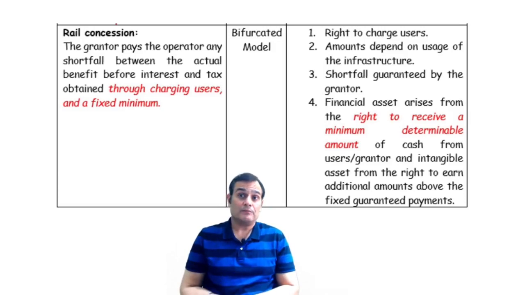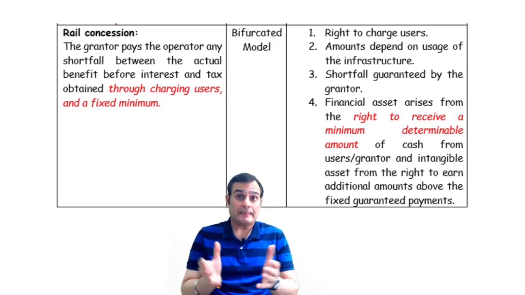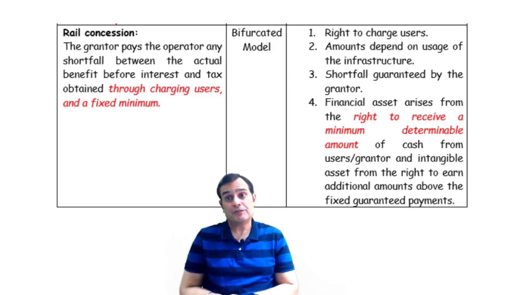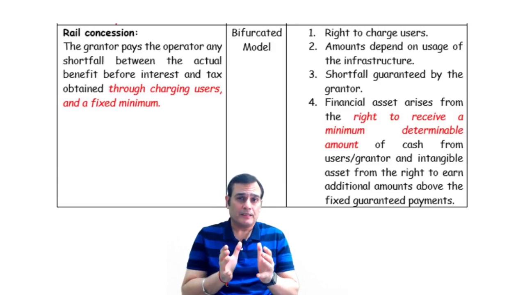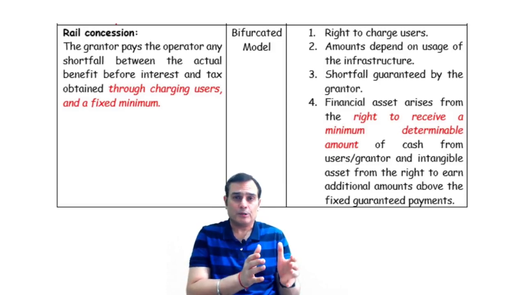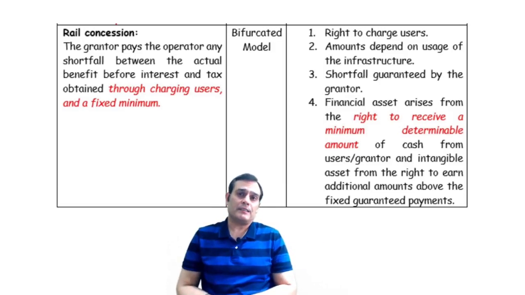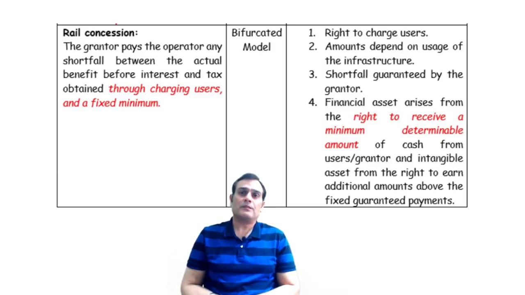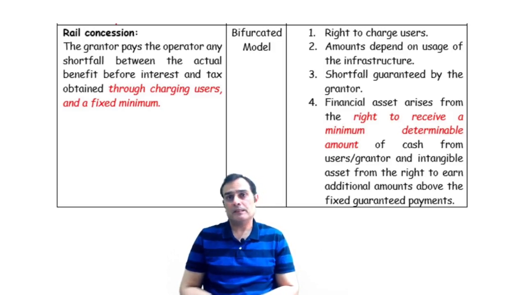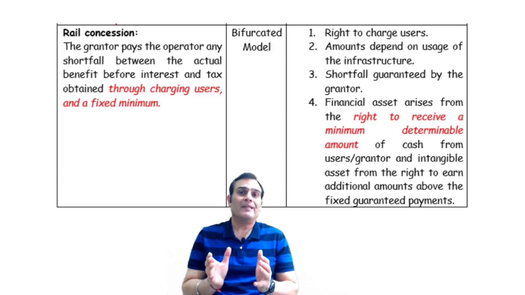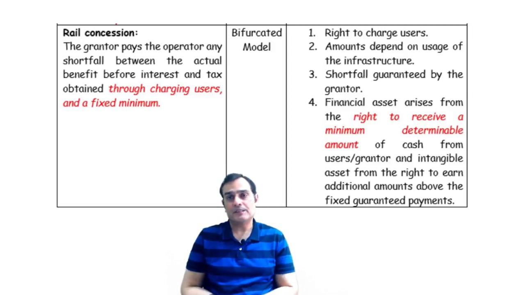But at the same time, there is also a right to charge the public users, and that depends upon the usage of the infrastructure. So because of the guarantee factor, there is an unconditional right, and simultaneously, since the amount is based upon the usage by the public users, it's a blend of both a financial asset and an intangible asset. So in this case, a bifurcated model of accounting would apply.